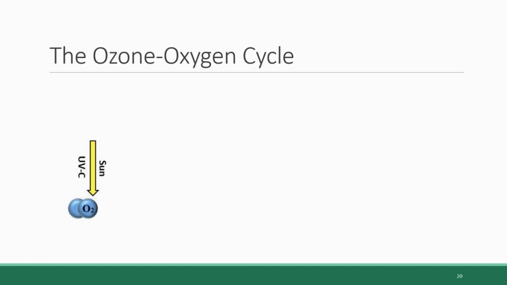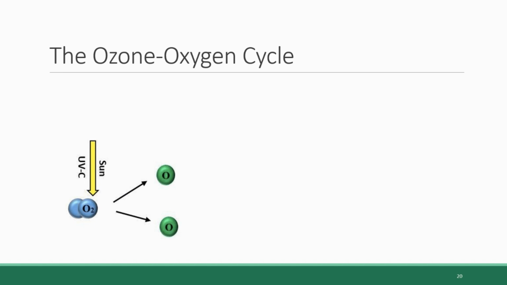So, ozone is actually generated in the stratosphere through a natural process called the ozone oxygen cycle. And this cycle begins when UV radiation from the sun hits a regular old molecule of oxygen gas, which remember is just O2, two oxygen atoms instead of three. And that UV radiation energy causes the O2 molecule to break apart into two separate lone oxygen atoms.